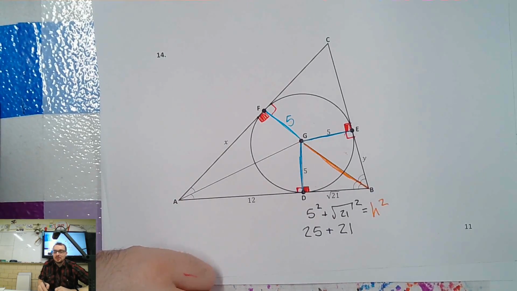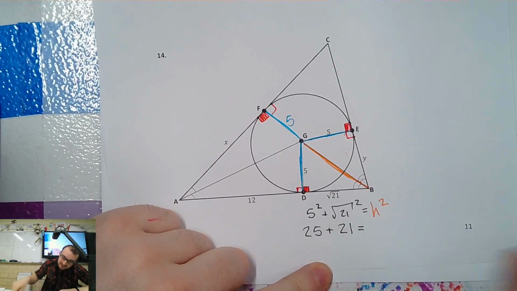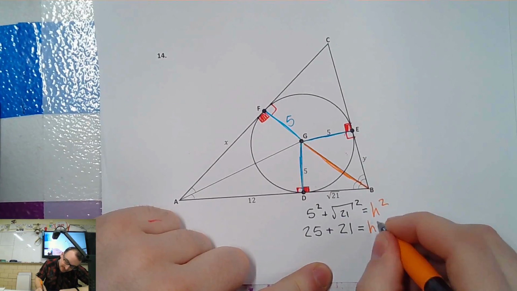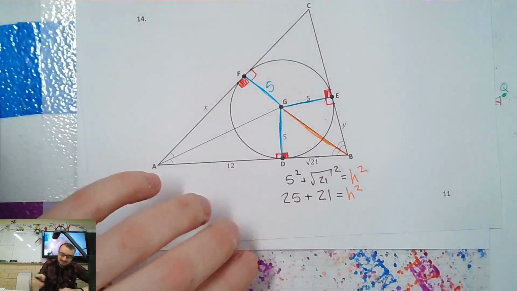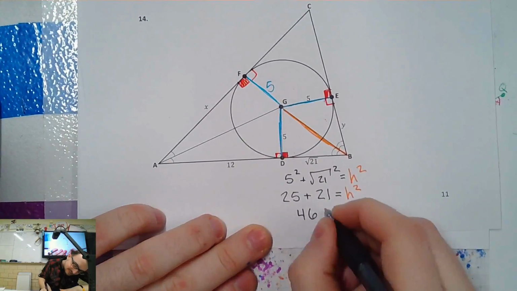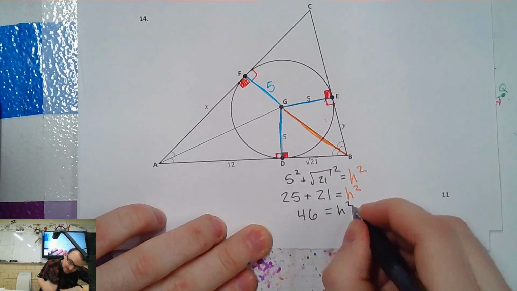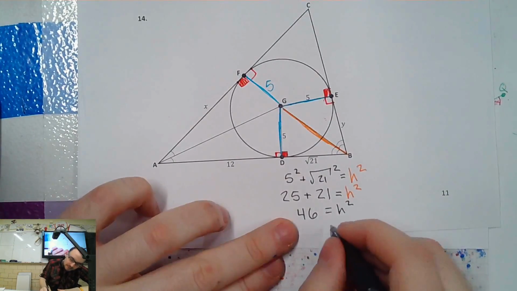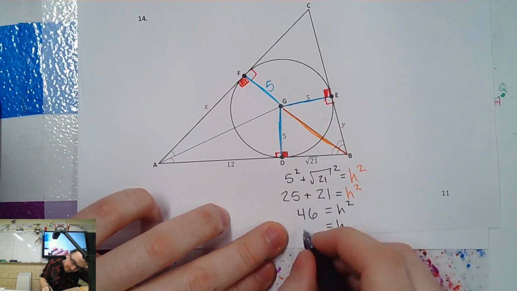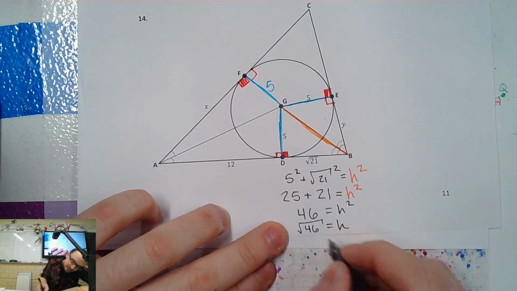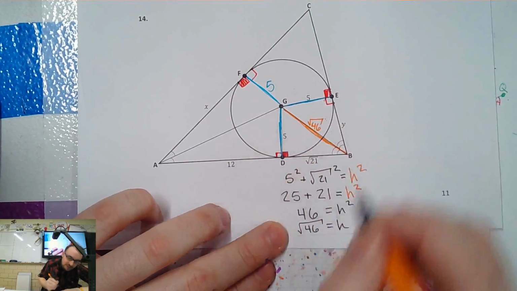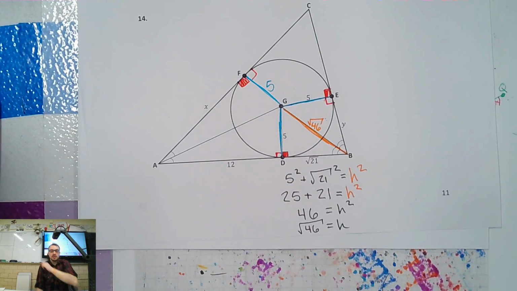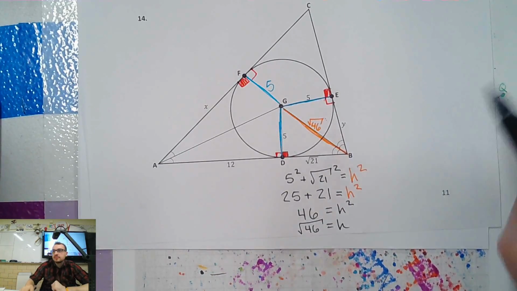So 3 times 7 is 21. So that means h must equal what? Root 46. You good? Okay. Cool.